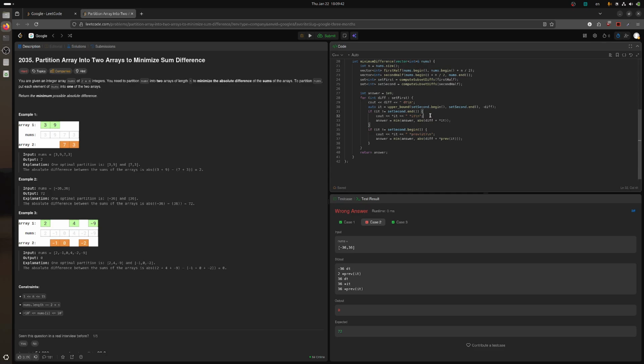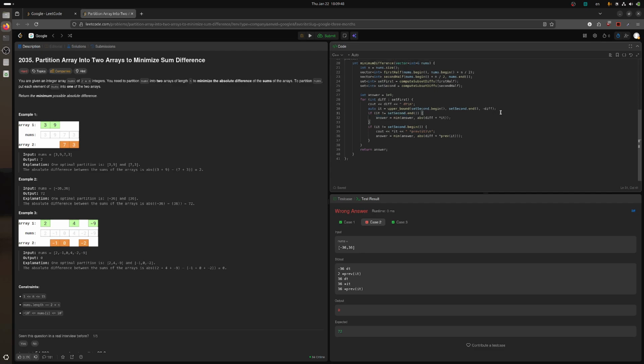And now when we do this, we check the upper bound. Let's call it original position of the iterator, and then iterator is original iterator, and now we do while iterator doesn't equal end.